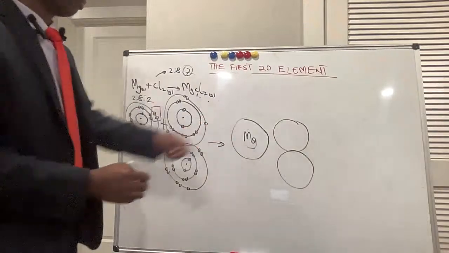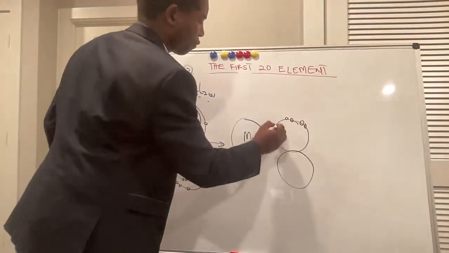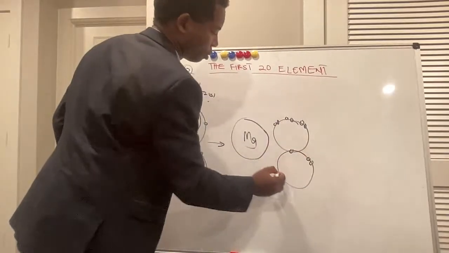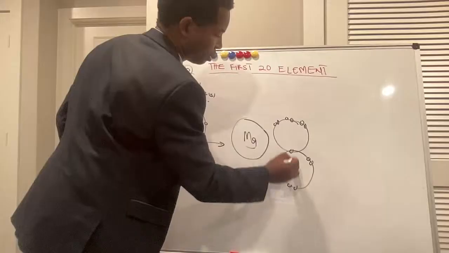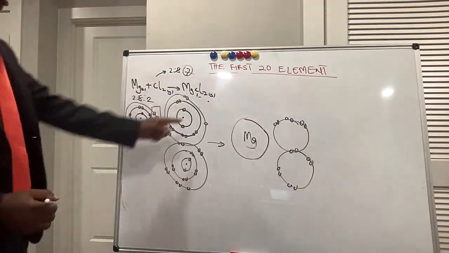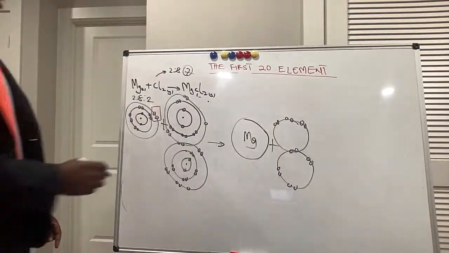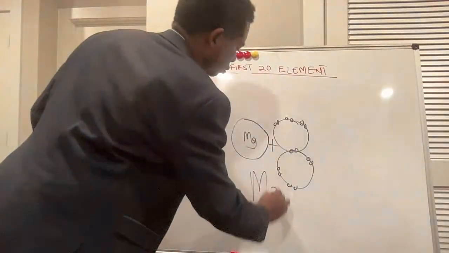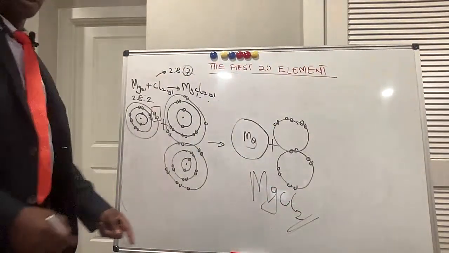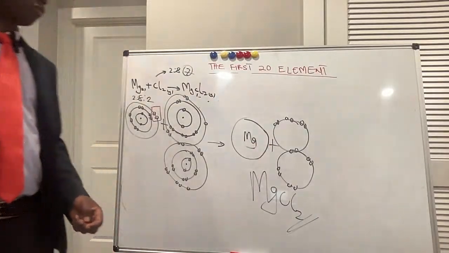This will be 1, 2, 3, 4, 5, 6, 7. 1, 2, 3, 4, 5, 6, 7. That is why it's like this. Plus, we can see this is magnesium chloride. This is the diagrammatic representation of magnesium chloride.